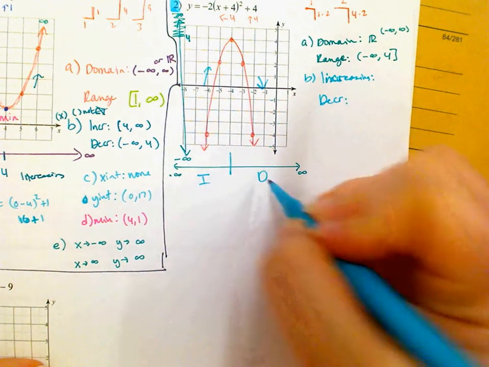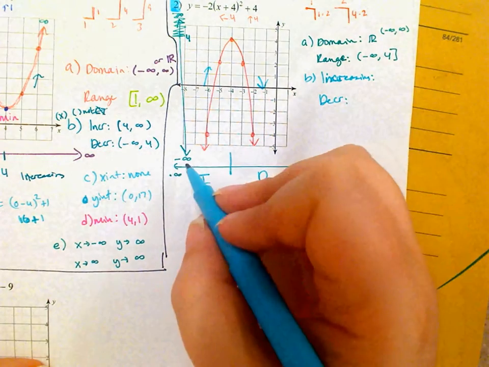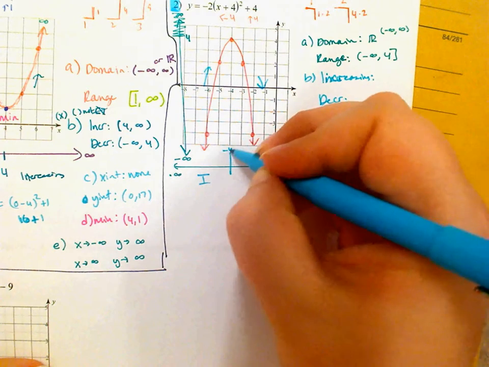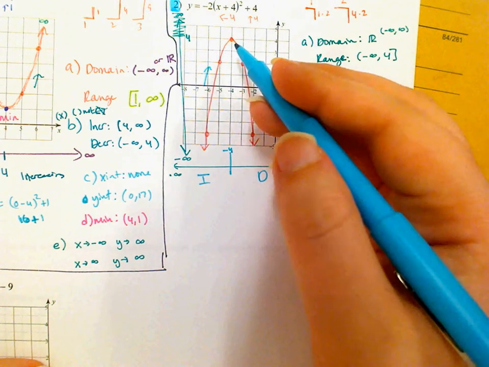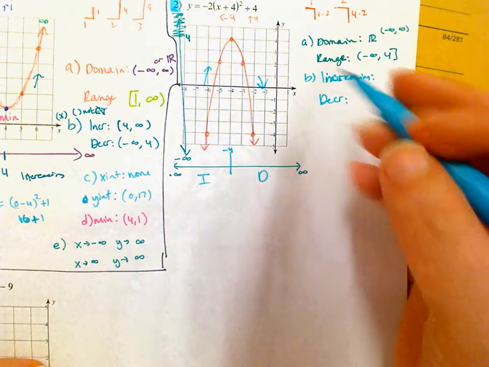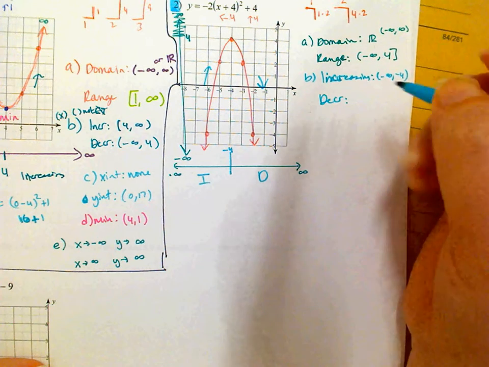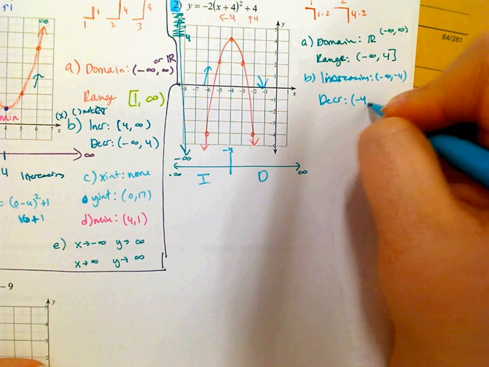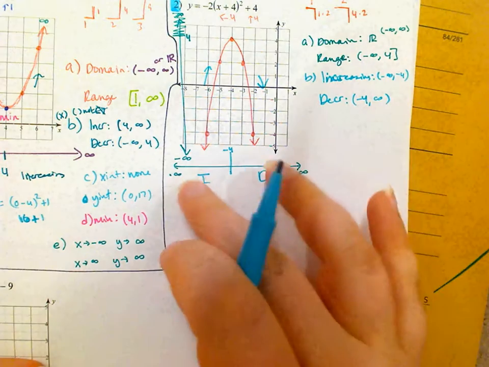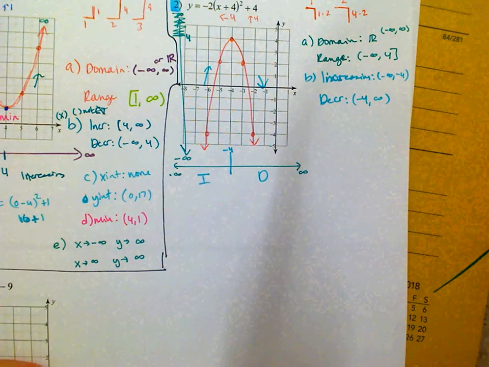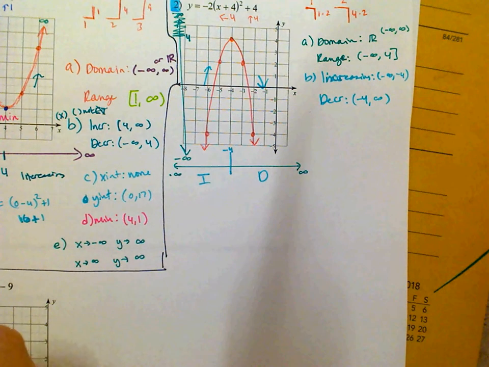So I'm increasing from negative infinity until negative 4, not the y value, don't say positive 4, it's until x equals negative 4. So I'm increasing from negative infinity to negative 4, and then I am decreasing from negative 4 until infinity. So we're talking about intervals of x. Okay, and I'm even going to say that in the direction on what interval of x is the function increasing or decreasing.